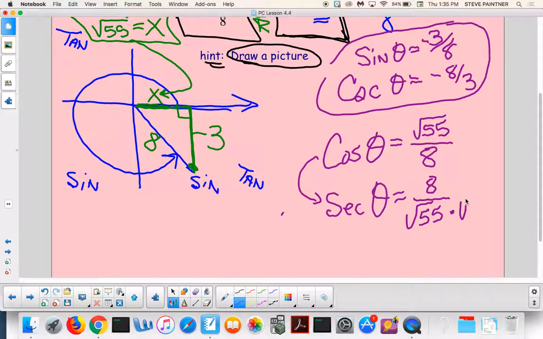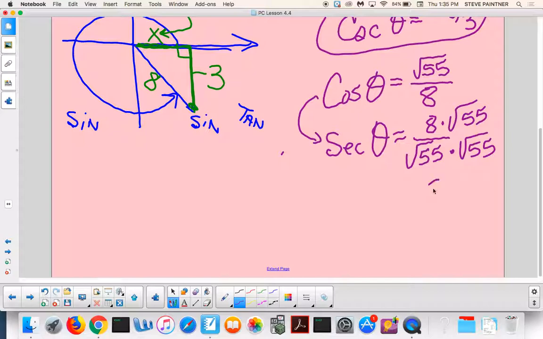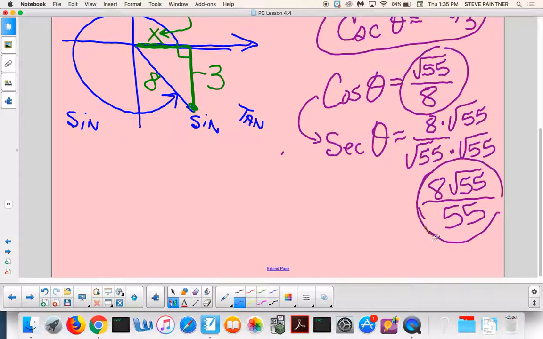Then you rationalize like this, and you get 8 square root of 55, like you said, Andrew, over 55. You guys know this is a non-calculator problem, right? It's on the non-calculator part of this. So the answer is this right here, and this way down here, for secant.